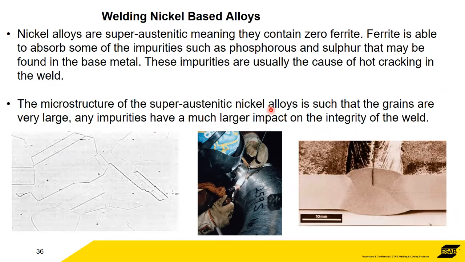What ferrite will do is basically absorb that and make it non-effective. It doesn't have any properties. If there's no ferrite in there to absorb it, then what happens is that the phosphorus and sulfur will change the melting point of parts of the metal. So as it's cooling down, it doesn't have the strength to hold the sides together. There's not enough material in there, there's not enough strength in there to hold the thing together.